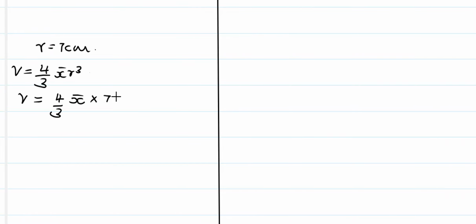So I can just say 7 by 7 by 7, because 7 cubed is 7 multiplied by 7 multiplied by 7. Now in this one, I can use pi as 22/7. I'll say 4/3 multiplied by 22/7, then multiplied by 7 multiplied by 7 multiplied by 7. And you see this 7 can cancel with this one, and I remain with these 7s.